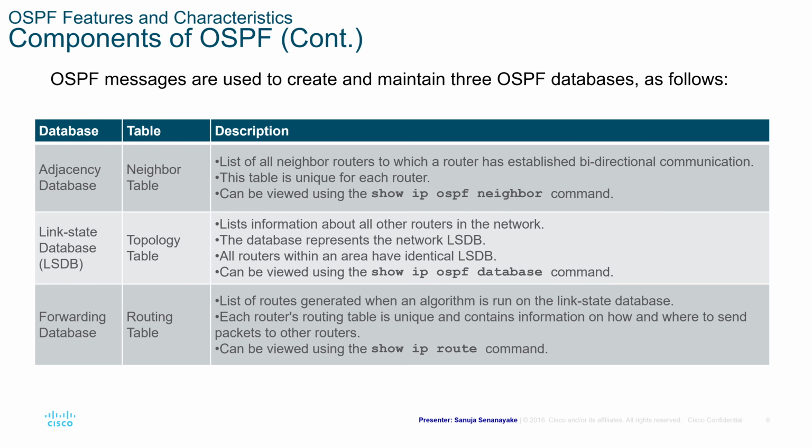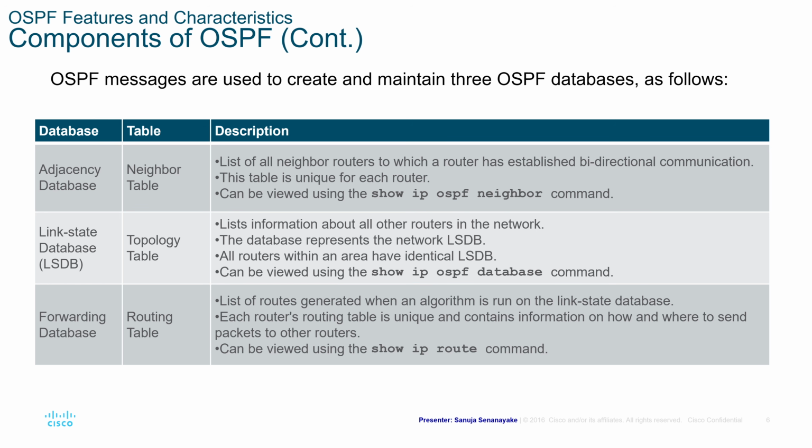The forwarding database contains the routing table. That includes a list of routes generated when an algorithm is run on the link state database. Each router's routing table is unique and contains information on how and where to send packets to the other routers. This can be viewed using the show ip route command.